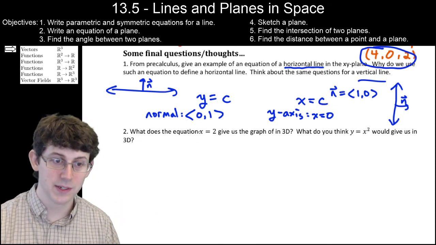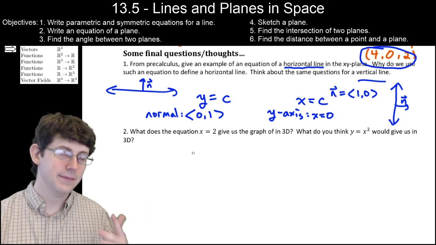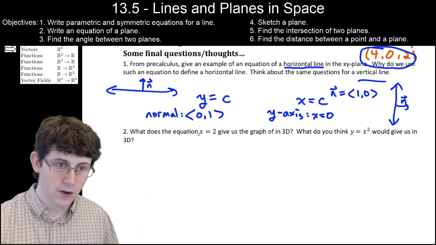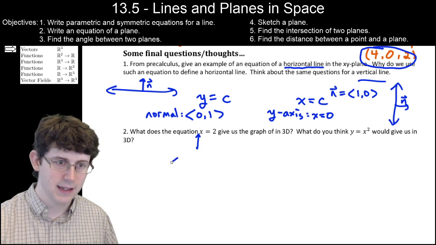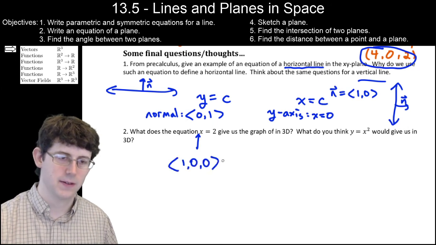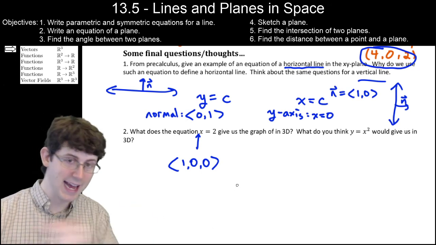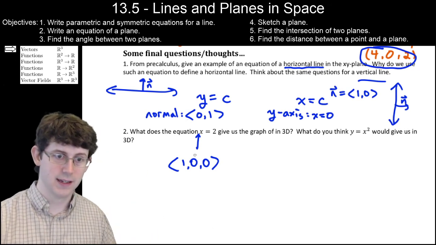So x equals 2 in 3 dimensions. x equals 2 tells you that the normal vector to this plane is 1, 0, 0. So this plane, like the x-axis, is normal to it.